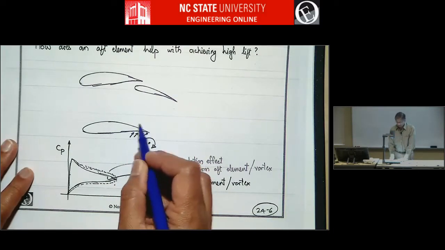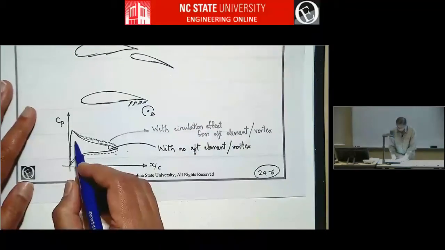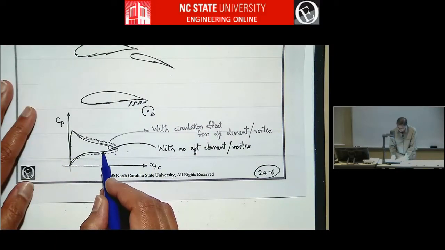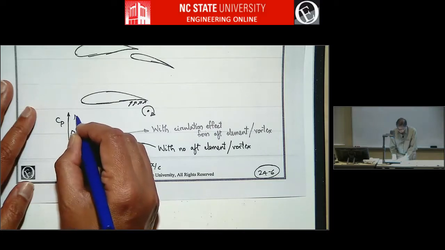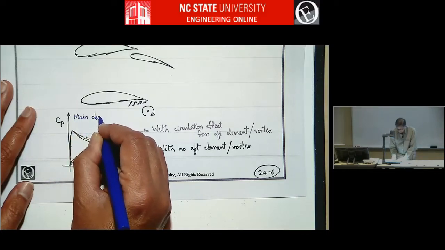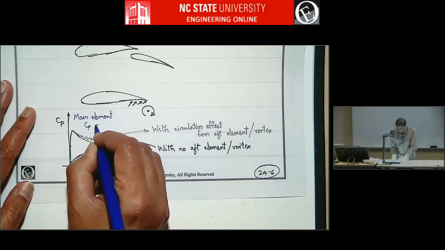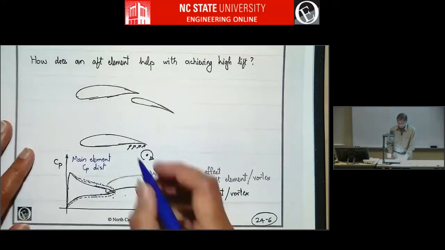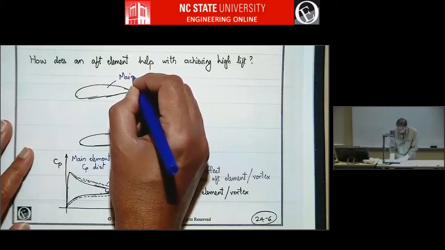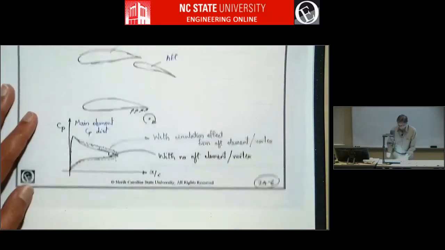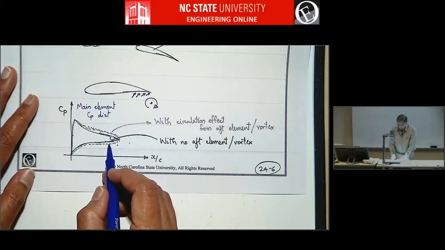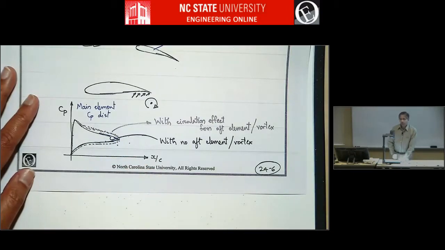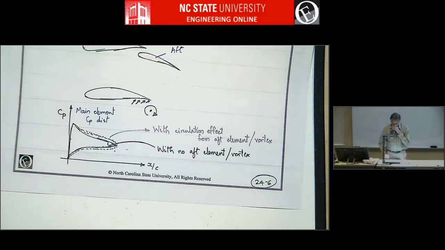In other words, it'll produce more lift. So if this is a CP distribution without the aft element, so let's call this the main element and the aft element. With the aft element, this portion of the airfoil produces more lift. And so that is what he calls the circulation effect from the aft element or the aft vortex.